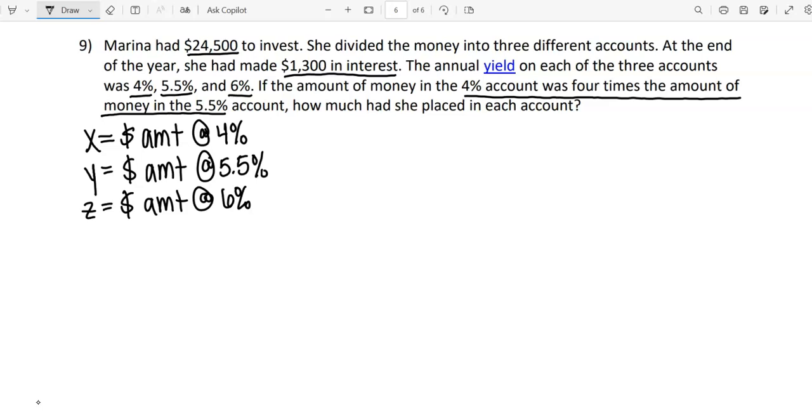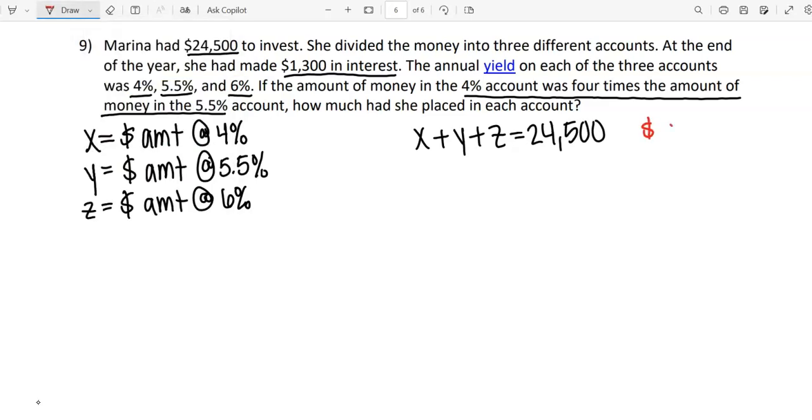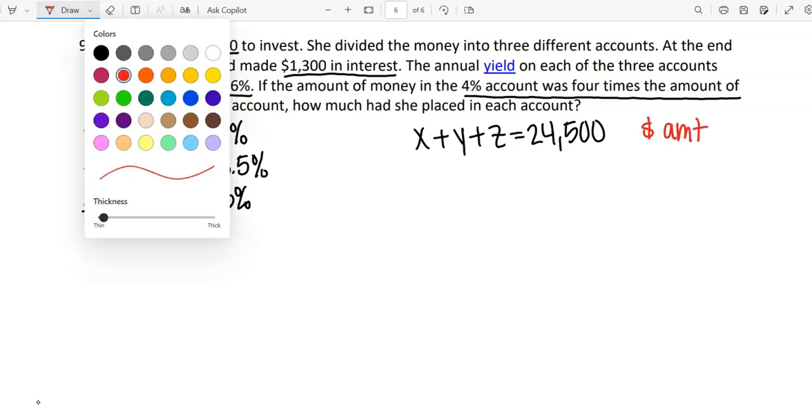Do we know how much is in each account? No, but all of these will add up to be what number? 24,500. So X plus Y plus Z is going to be 24,500. That represents dollar amount.